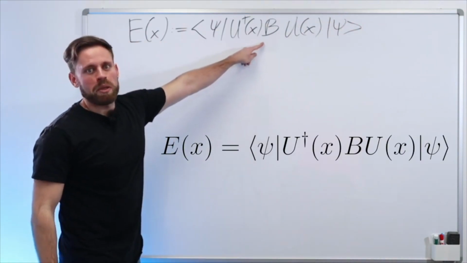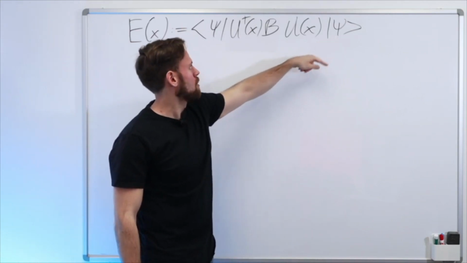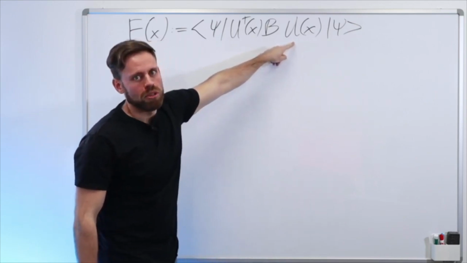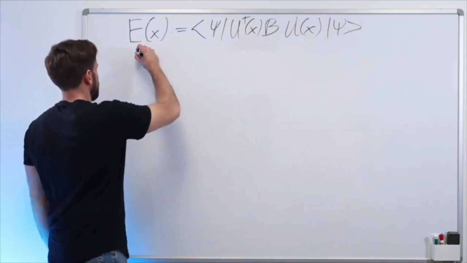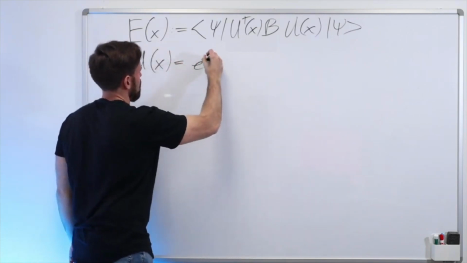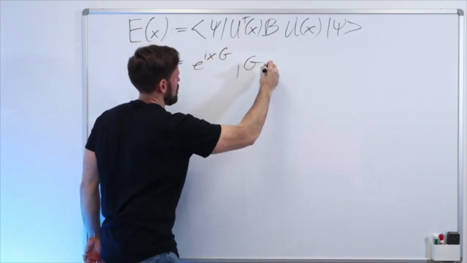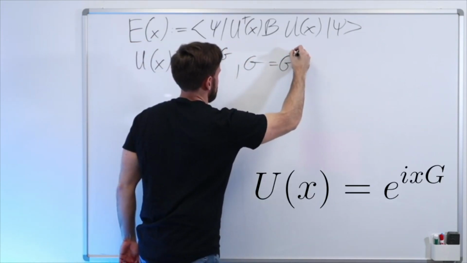We are computing the expectation value of operator B, such that we have a quantum state psi, which is evolved by some unitary U(x). We can further write U(x) as e to the power of ixG, where G is going to be the Hermitian operator.